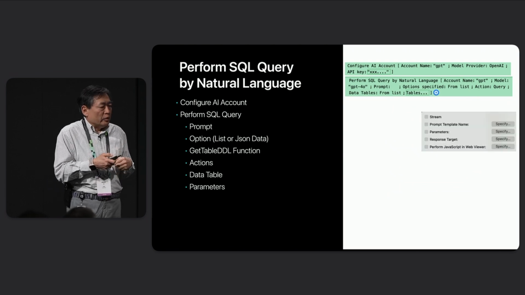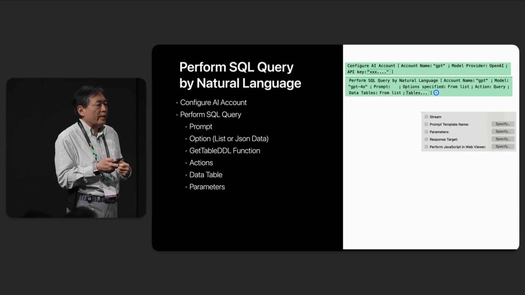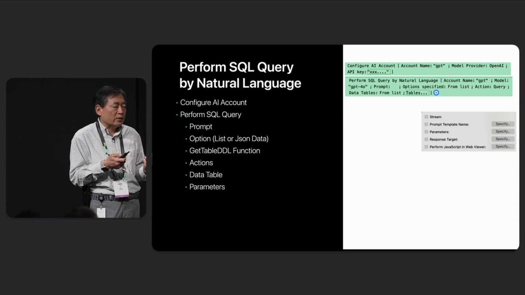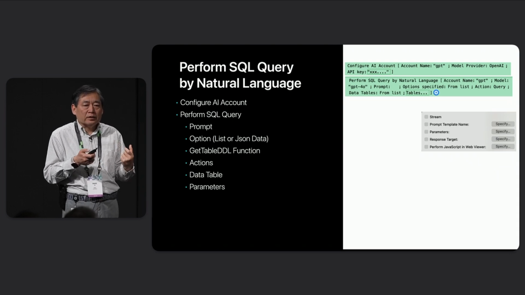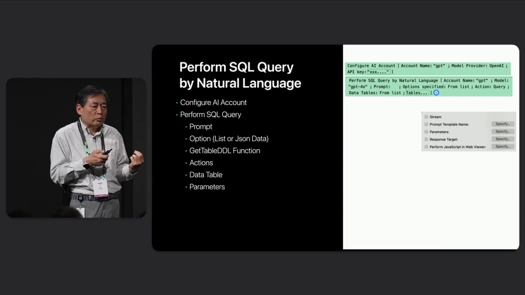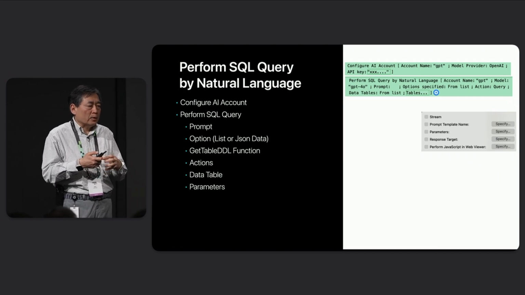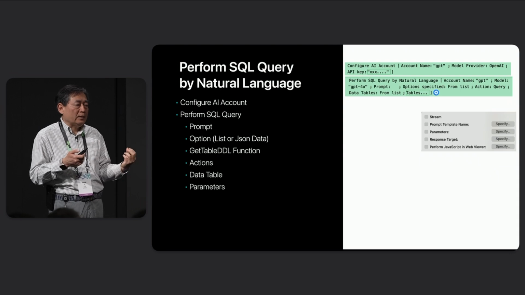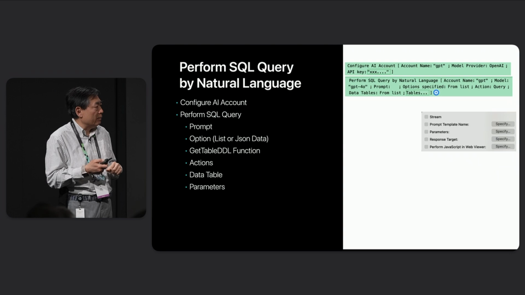When you click the parameter, there are several parameters you can choose. The first one is streaming mode. If you turn on streaming mode, the result will show up incrementally, delta by delta. If streaming mode is off, it will send you the results all at once, but you might see the spinning pitch board until the result is available.